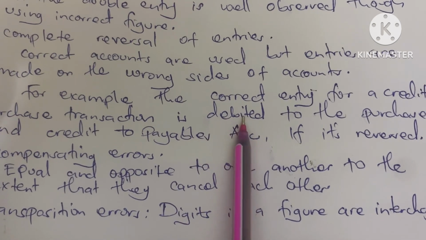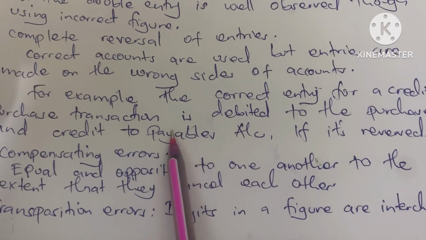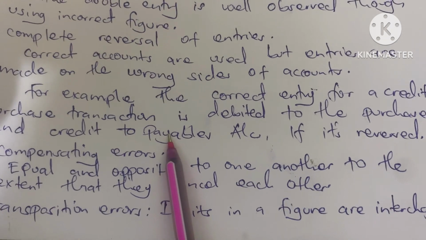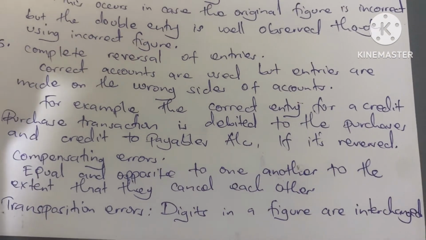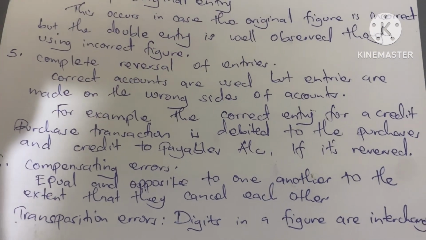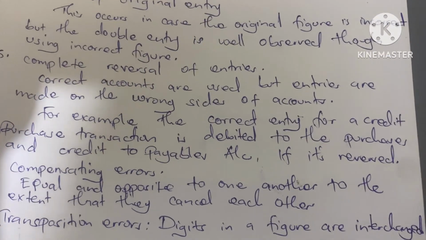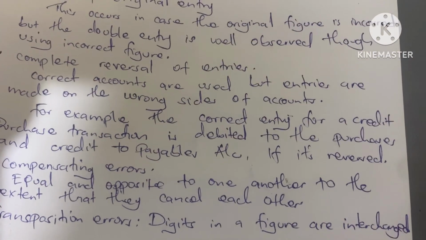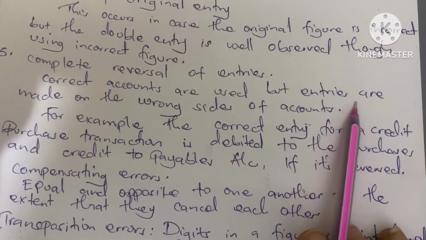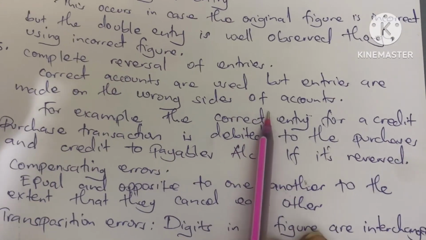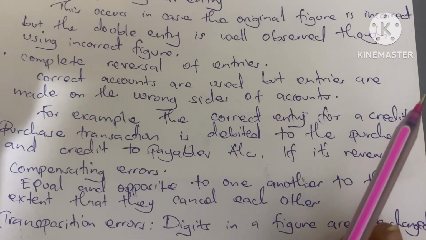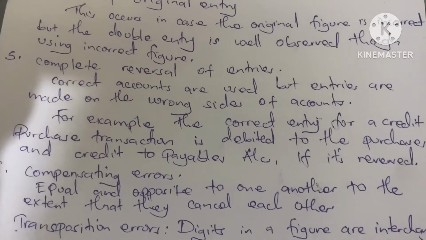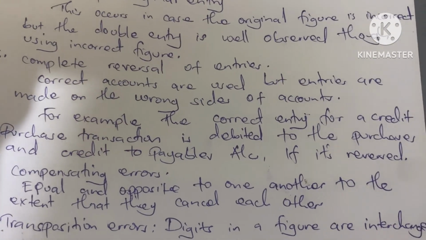If you credit the purchases and then debit the payables account, it will be an error of complete reversal. You've used the correct accounts, but entries are made on the wrong sides of the accounts. Instead of debiting the account that you're supposed to debit, you credit it instead.